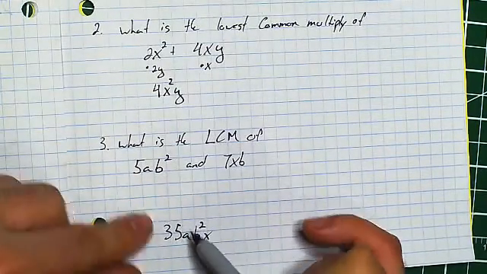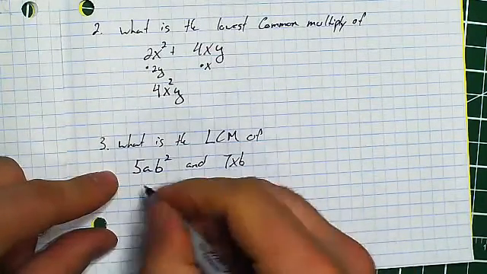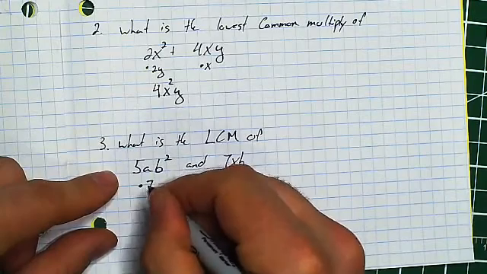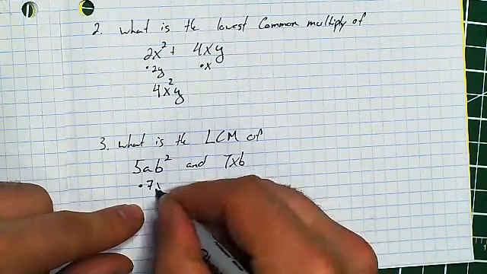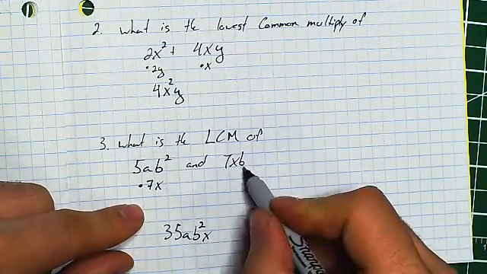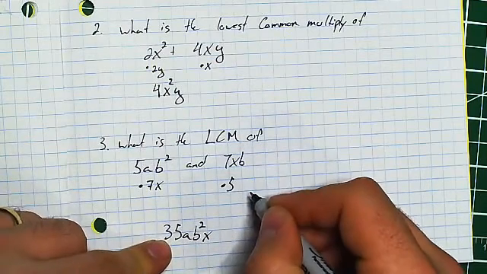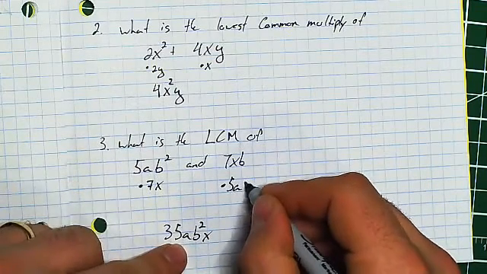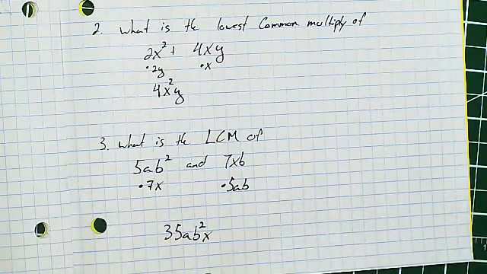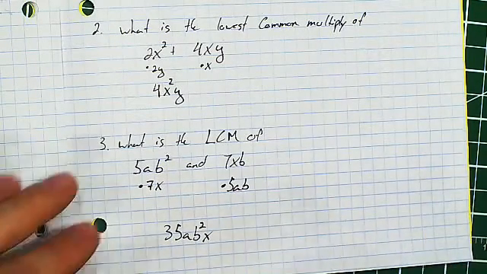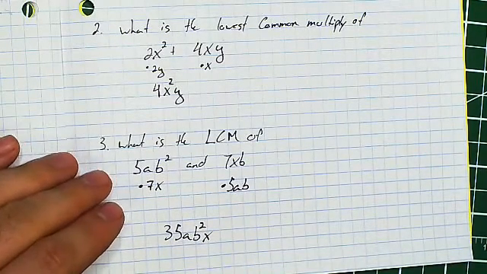What do I multiply 5ab squared by to get 35ab squared x? I multiply by 7 and an x. 7xb, I have to multiply by 5, an a, and a b. Pretty simple, pretty straightforward.